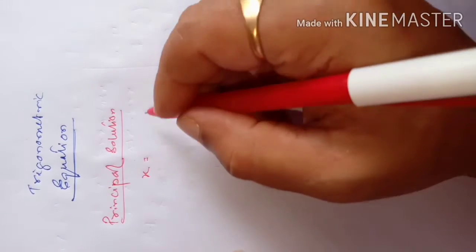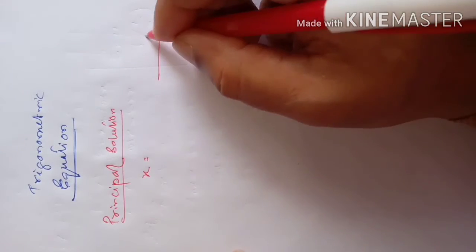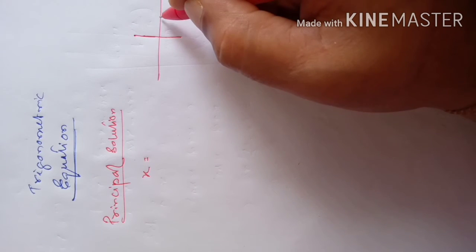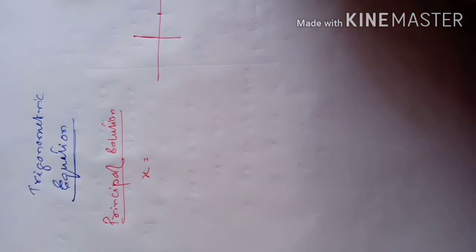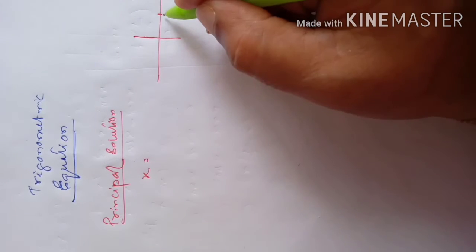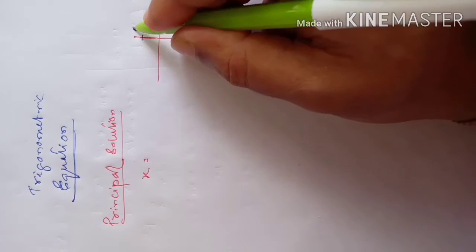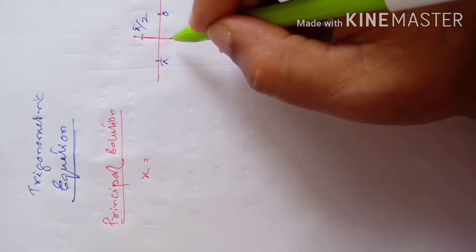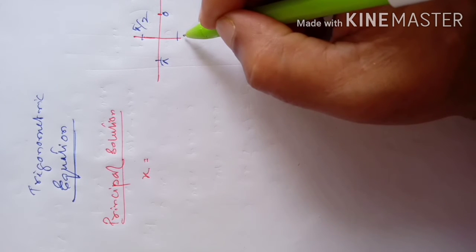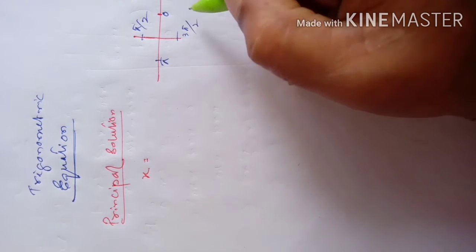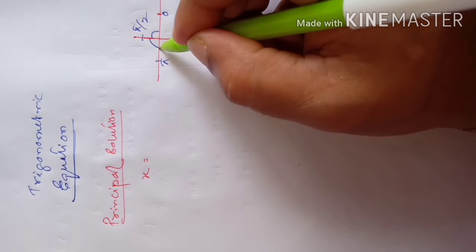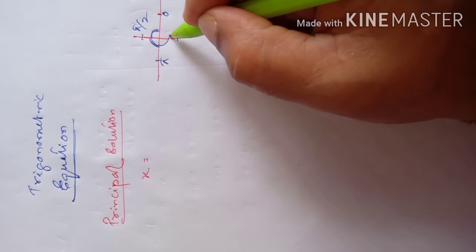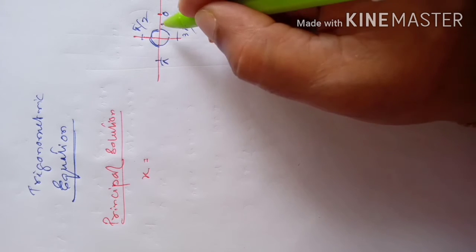if it lies between 0 and twice pi, that is 0 and 2 pi radian. Sitting in the Cartesian plane, here it is 0, then here it is pi by 2, then pi, then 3 pi by 2, then up to here, not at twice pi.